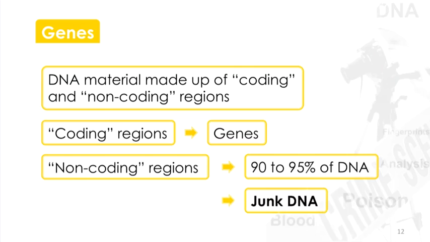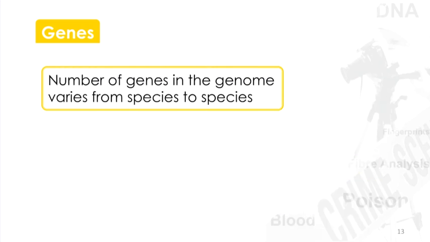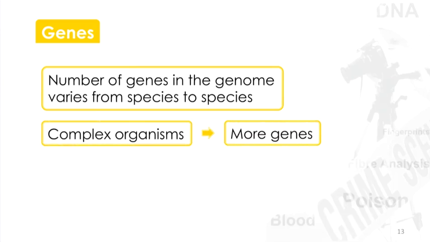Now, just as the number of chromosomes varies from species to species, so does the number of genes. Typically, simple organisms have a much smaller number of genes. Complex organisms have a lot.